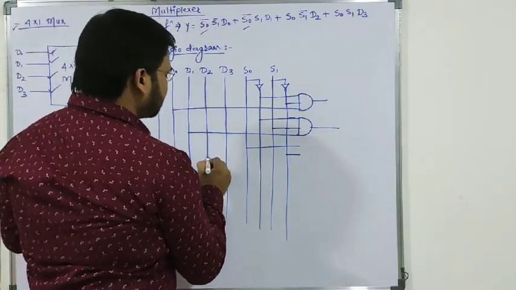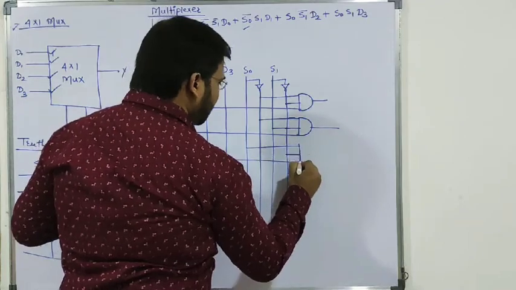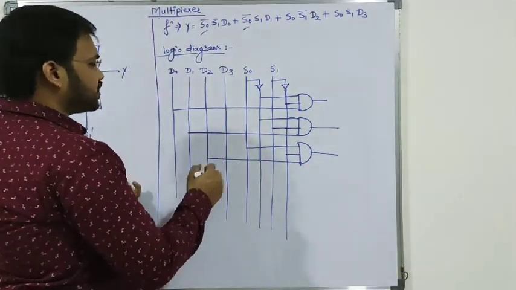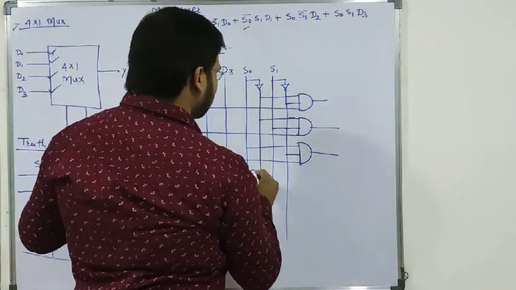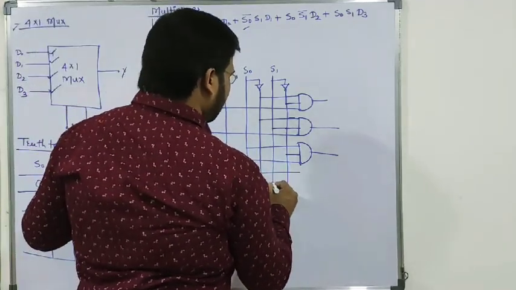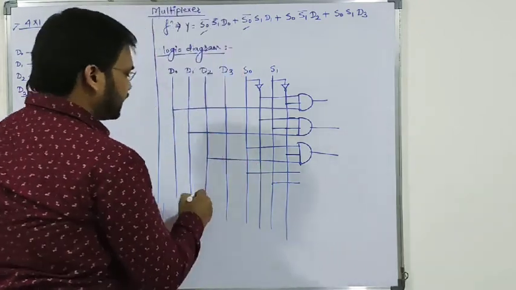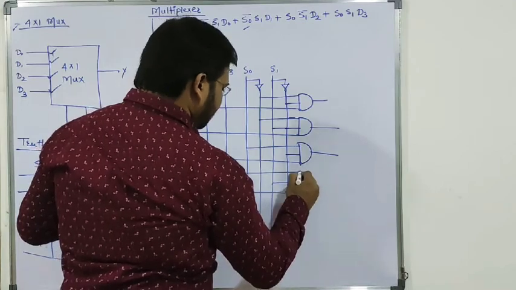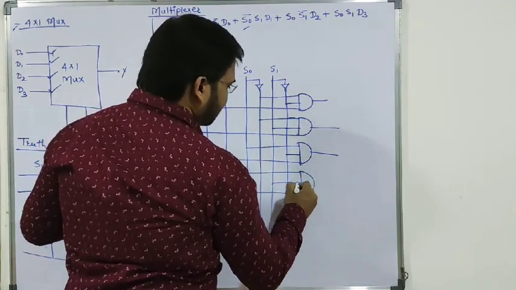So another data input line, D2, is applied to an AND gate. Next is S0, S1 and D3. So here S0, S1 and another data line, that is D3.